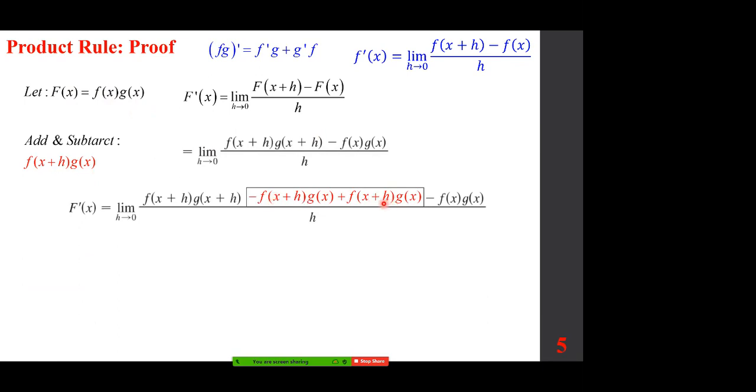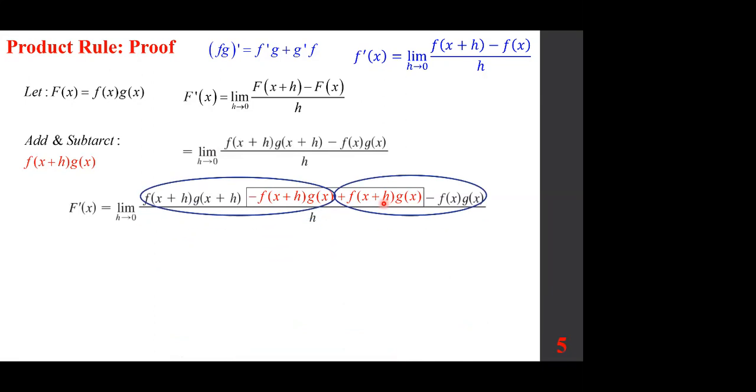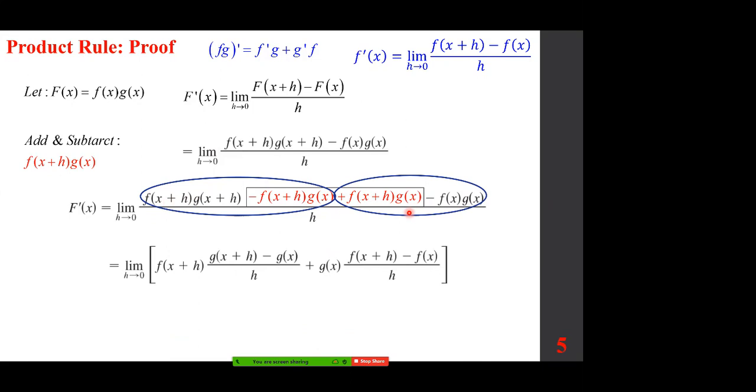So what happens is that there are 4 terms here, and as you recall, when we have 4 terms, we factor by grouping. Let's group the first 2 and the last 2 together. When we do that, we notice from the first group, f of x plus h comes out. And from the second one, g of x is in common. So let's write it.